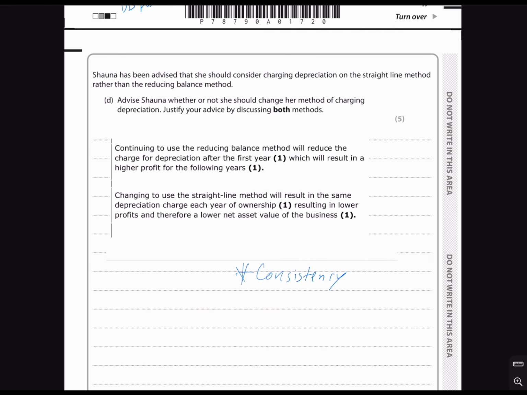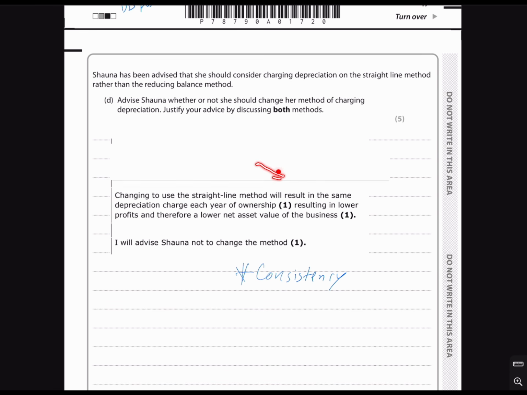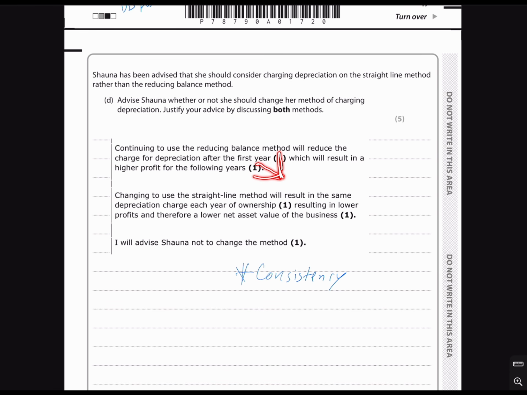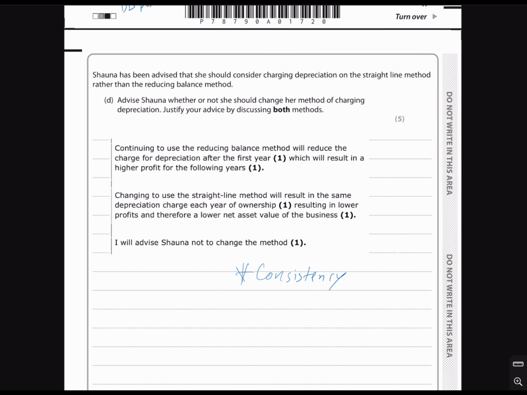And then you can give a conclusion, that yes, she should or should not change the method. You can give a rationale that, well, I will advise Shauna not to change the depreciation method because it goes against the consistency concept. And you can also give a however, that it might go against the prudence concept as profits are getting overstated in the following years.